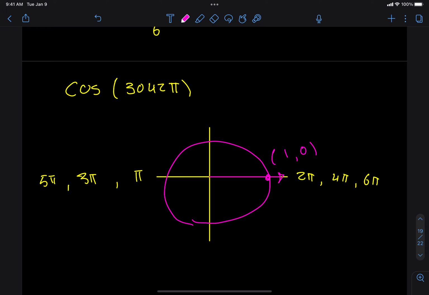It's (1, 0), so cosine of 3042 pi is 1. Okay, so what does this really mean? This means you go around 1,521 times around the unit circle, and then you end up pointing right back where you started.